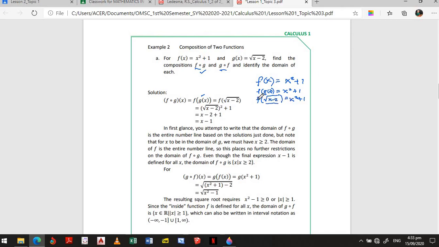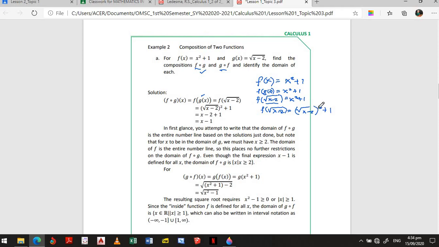But for this function, we have to substitute the values of our x in the right side of our equation as square root of x minus 2. So that is f of g of x, or f of square root of x minus 2, is equal to square root of x minus 2, that is our x, squared plus 1.